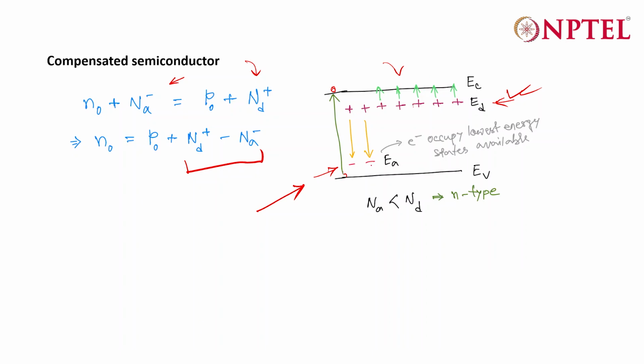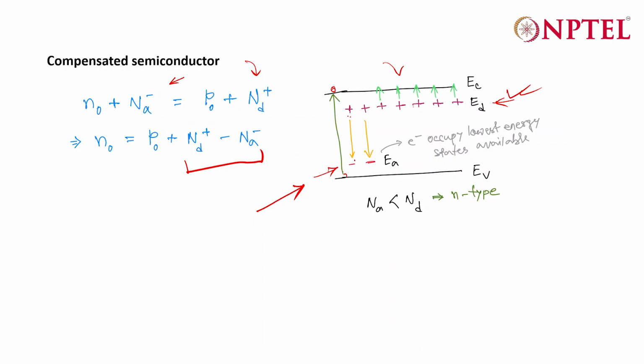Now, in certain cases, based on the kind of reverse doping that you have, which is Na in this case, carriers will come from ED to EA because electrons will always occupy the lowest available energy state. Here the lowest available energy state is EA.